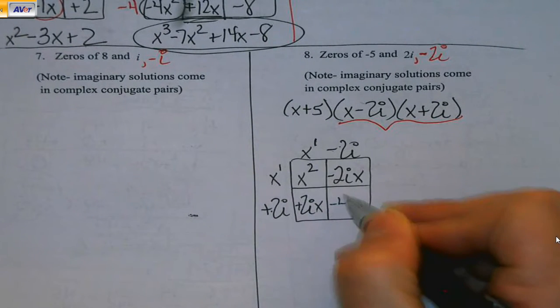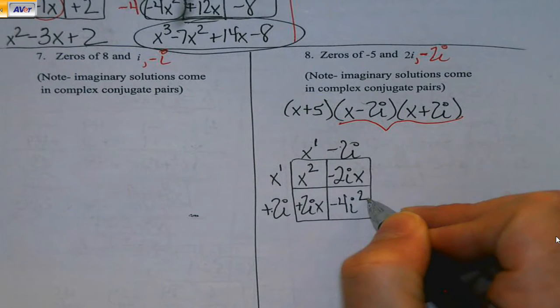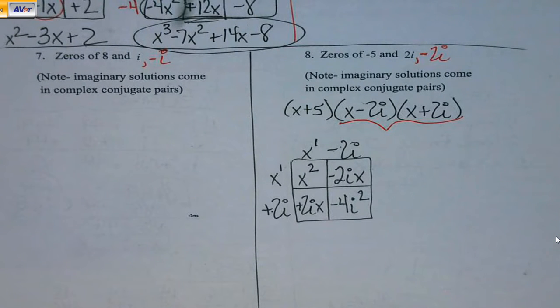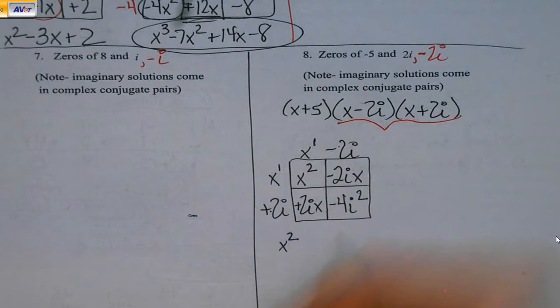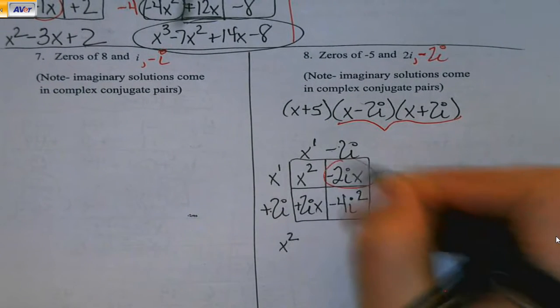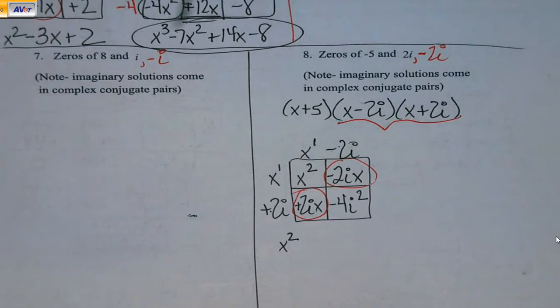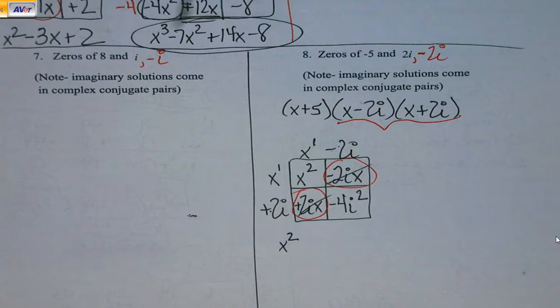And negative 4i squared, because we still treat the i like it's a variable, and we're going to add the exponents. So, two things to take note of here. As I start to put this together, I get to my like terms, positive 2ix and negative 2ix. Cancel. That'll happen every time. But when I get to here, I got one more thing with my i's I got to remember.